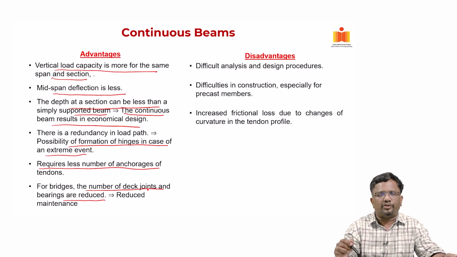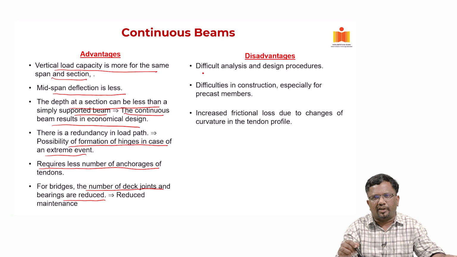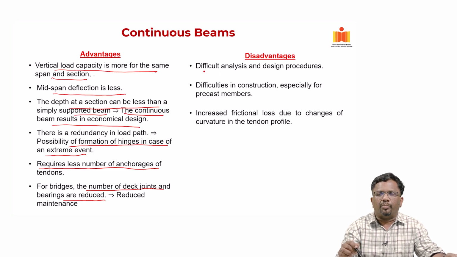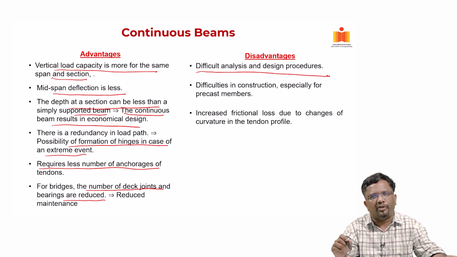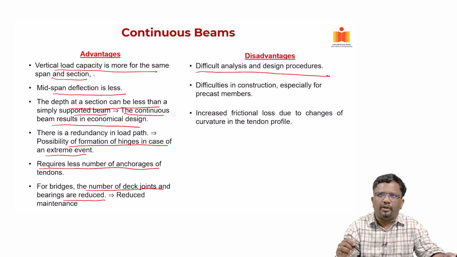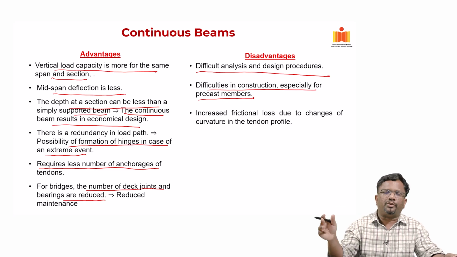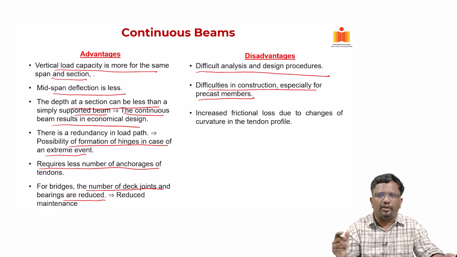The one is, of course, continuous systems are statically indeterminate depending upon the number of supports and the degree of continuity. Then your analysis and design procedures will become somewhat more difficult than for simple spans. It is also difficult in terms of construction, especially when you are using precast systems. If you go cast in place, you can run the duct and stress it from one end to the other end.